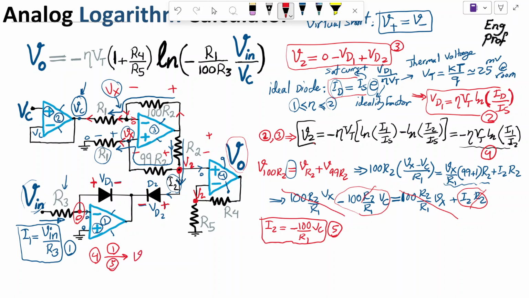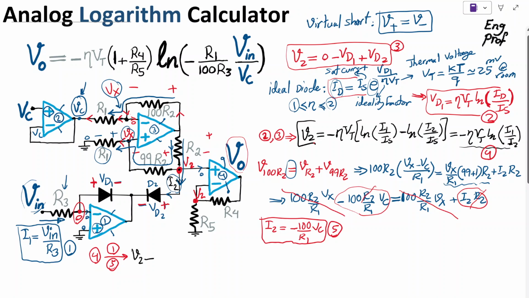So I get V2 equal to, back in equation 4, V2 is equal to minus eta Vt, and then natural logarithm of I1 is V in divided by R3, times and then divide by I2, which, keep the minus here, and we have 1 over I2, which means R1 over 100 Vc. Almost there.